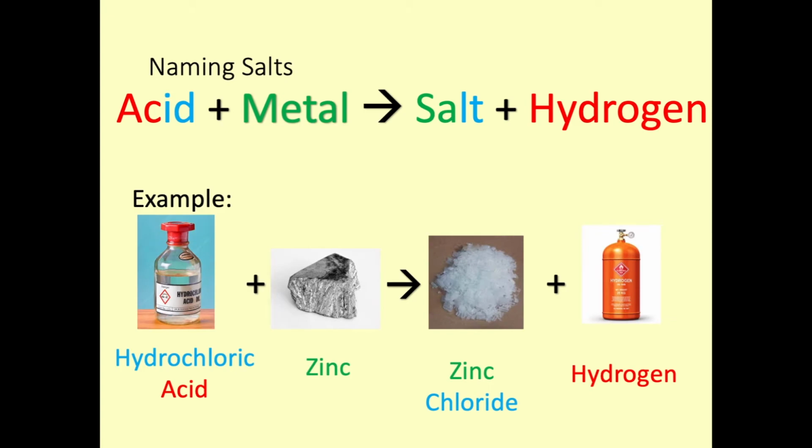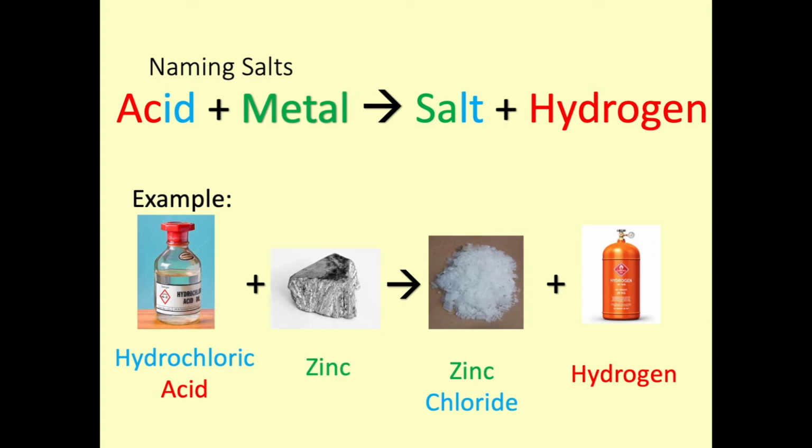So we're going to take a look at how we name salts. So in this example here, we've reacted hydrochloric acid with zinc and made zinc chloride and hydrogen. So what you should be starting to see, which I hope I've illustrated with the colour coding, is that the name of the salt produced comes from both the metal and the acid.